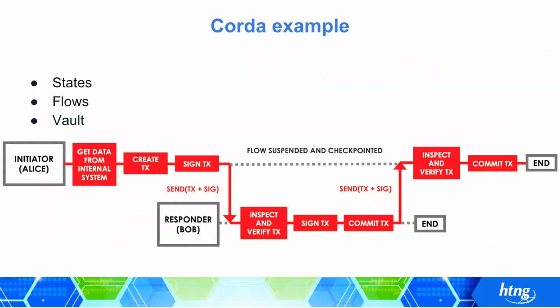The responder has to be sure about the correctness of the transaction, so the responder performs the same operation: inspects and verifies the transaction, signs it, and commits it to his own data storage. So as you can see, it's a simple transaction model which you can consider in the Corda example.